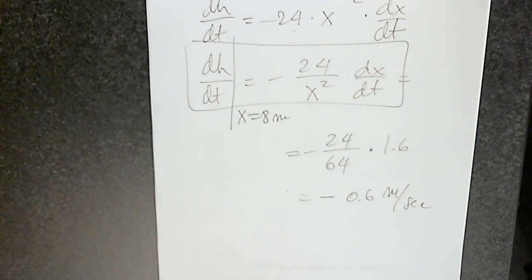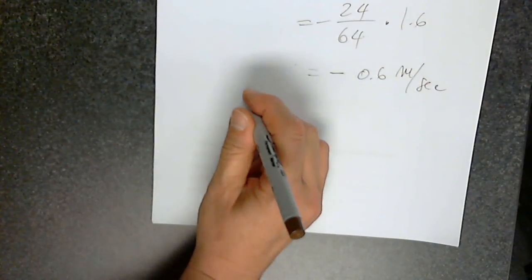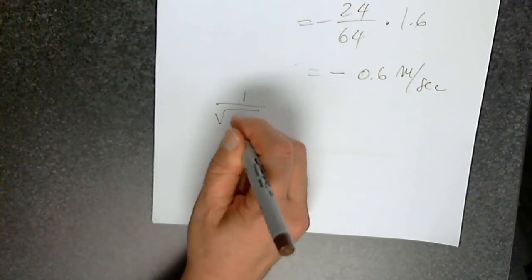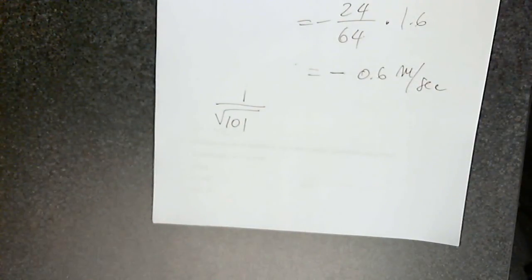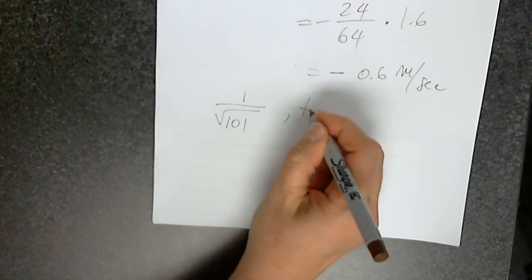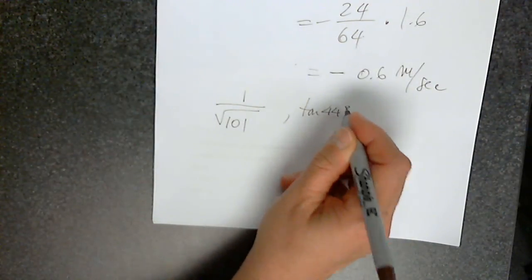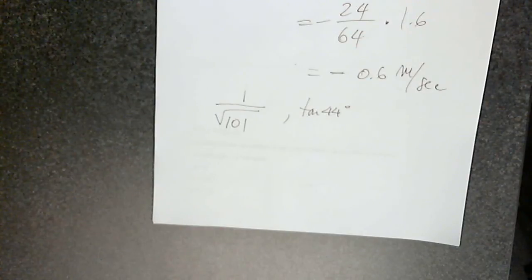And their derivatives. We're going to be able to approximate very accurately 1 over the square root of 101 with no calculators whatsoever, using calculus. We will be able to find a very accurate tangent of 44 using calculus, no calculator.